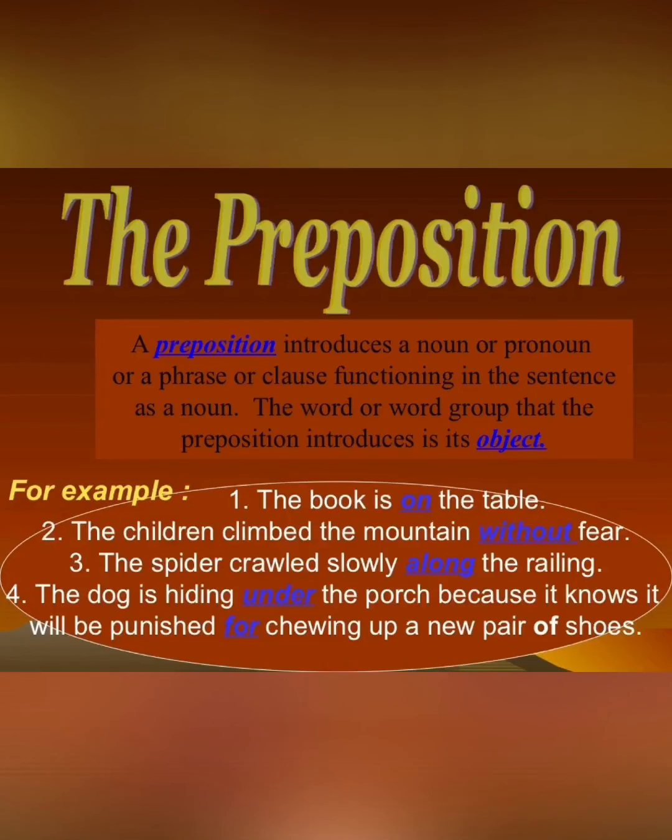Next we have preposition. A preposition shows spatially or temporally the relationship between a noun or a pronoun and the other words in a sentence. They come at the start of a prepositional phrase, which contains a preposition and its object.